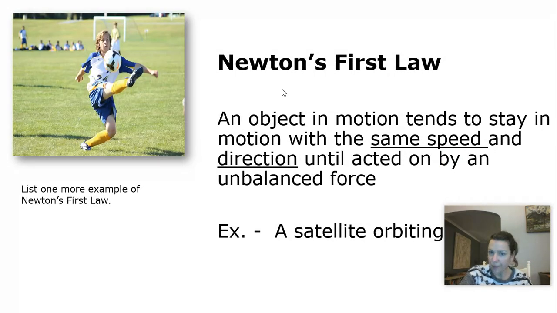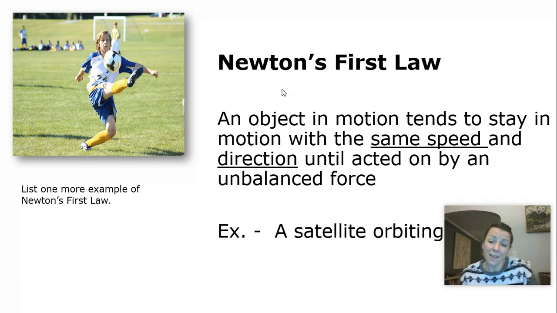So a little bit more about the first law. An object in motion tends to stay in motion with the same speed and direction unless acted on by an unbalanced force. So remember, at the very beginning, we talked about balanced versus unbalanced forces. That just describes how an object reacts.